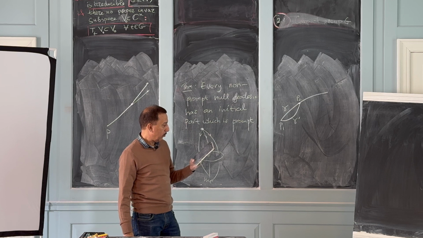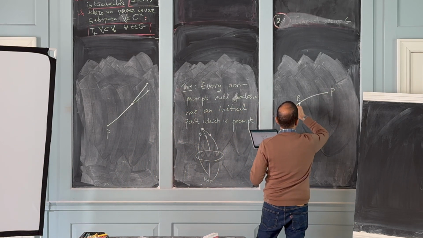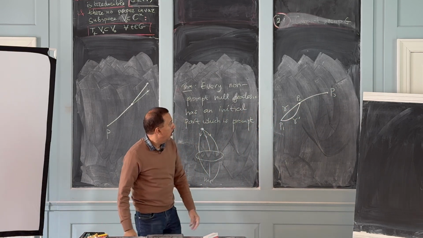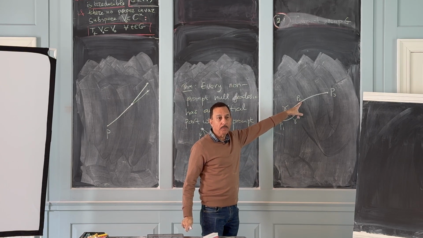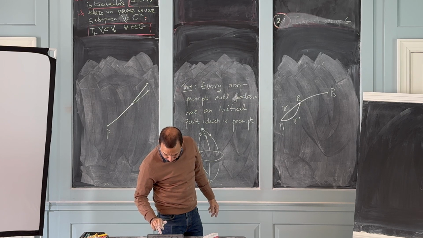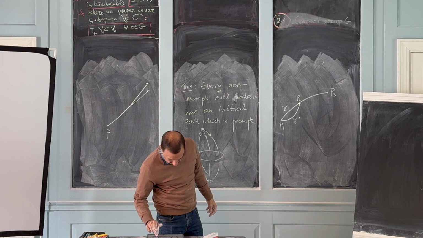Okay. Now the question is, continuing gamma to P3, am I still prompt? Supposing gamma from P1 to P2 was prompt and I continue it to P3, does it continue to be prompt? Okay.